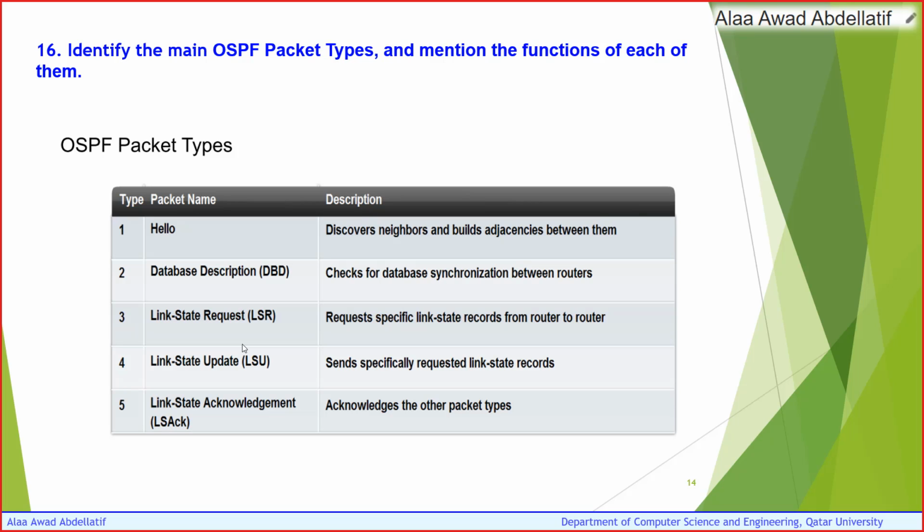Link state update sends the requested link state information. And link state acknowledgement is used to acknowledge the other packet types. Once I receive a packet, I will send an acknowledgement for the receipt of other packet types. These are the main types of Open Shortest Path First packet types.